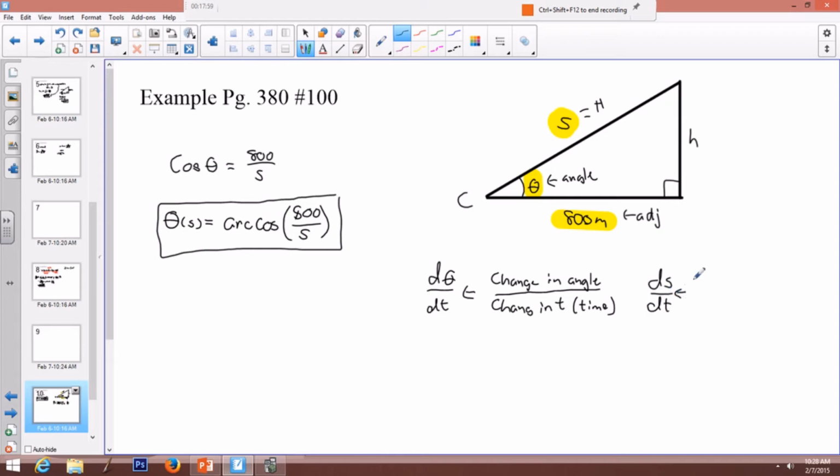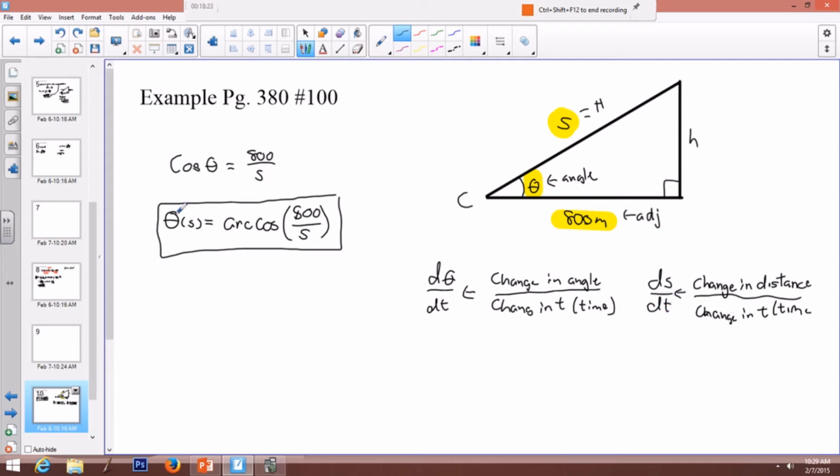Well, again, this is the change in distance over the change in t. Again, I'm assuming that's going to be time, and so this is the instantaneous speed t seconds after liftoff.